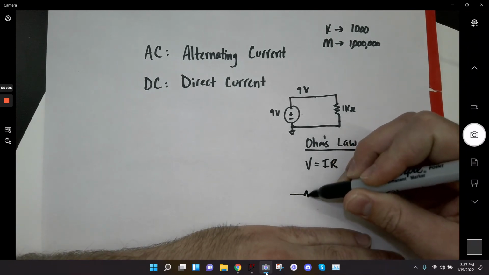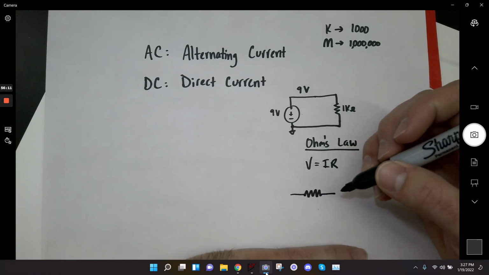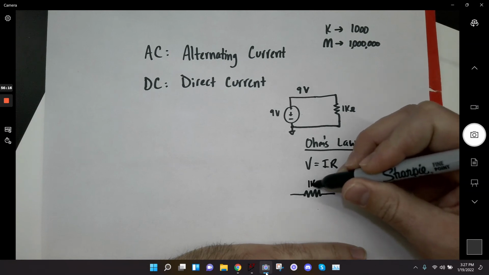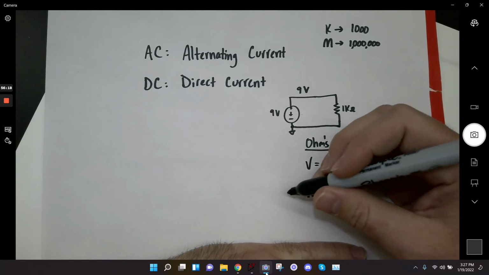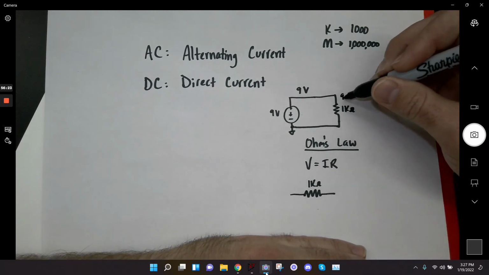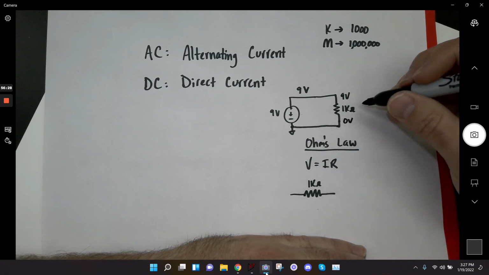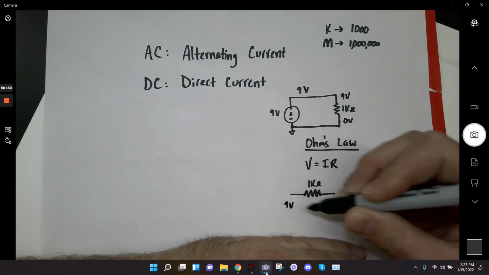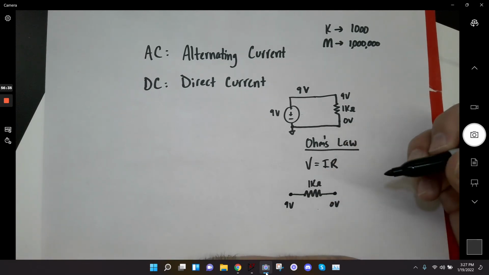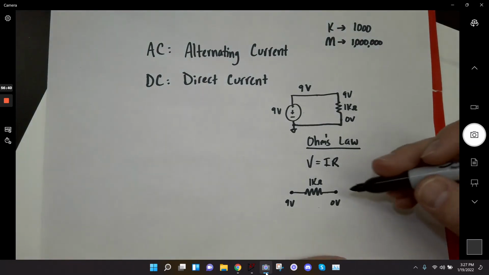So if I have a resistor, what I have is a resistance, right? Over here I have 1 kilo ohm. Okay? I have a voltage potential across that resistor, right? In this case, I have 9 volts here, and since this node is connected to ground, I have 0 volts here. So across this resistor, what I do is I take the voltage on one side minus the voltage on the other side, and that tells me the voltage across that resistor.